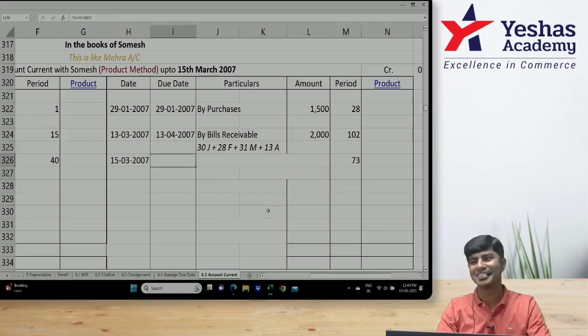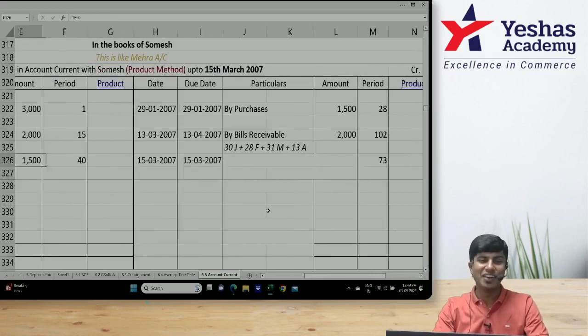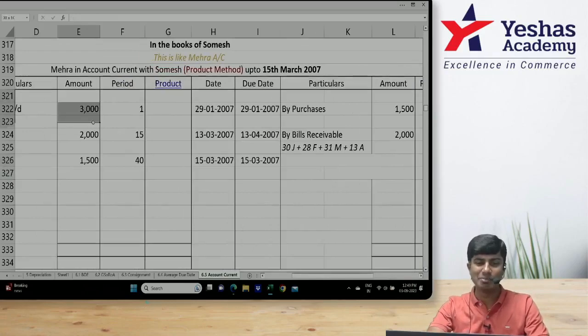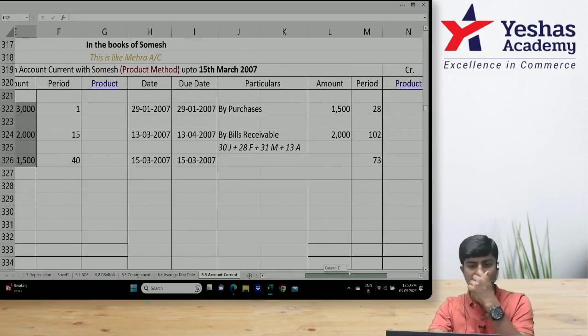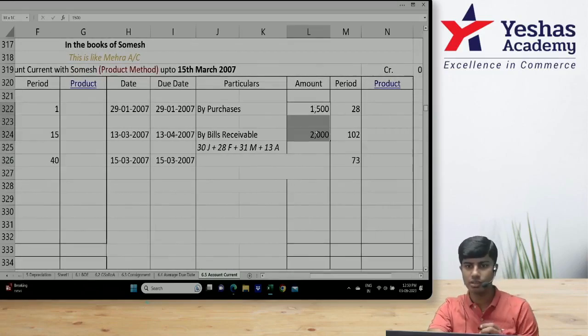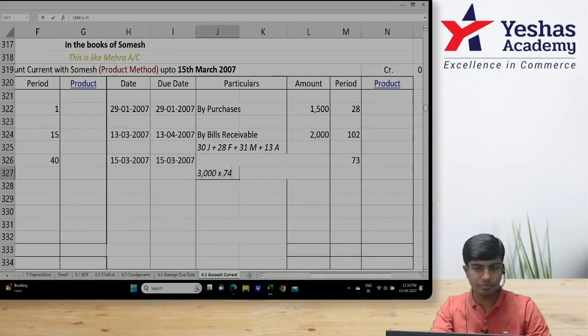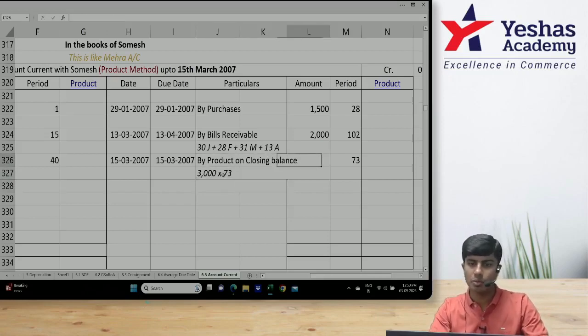Now, find the balance here. 3,000 plus 2,000 plus 1,500 is 6,500. Don't write in the total column. Minus 3,500: 3,000. Do 3,000 into 73. Product on closing balance.